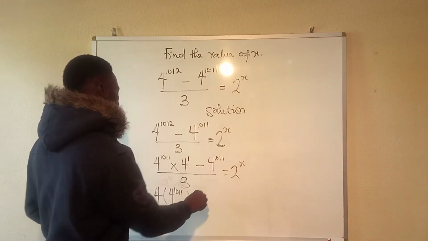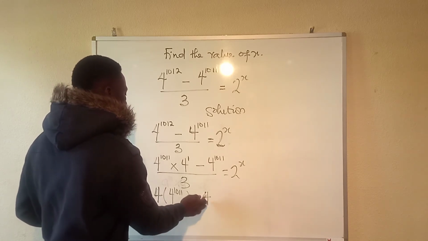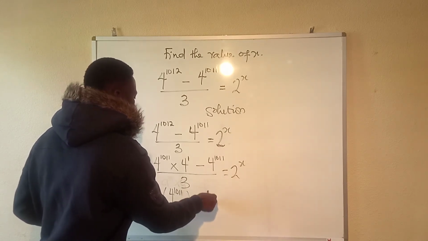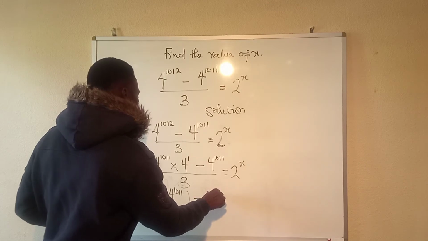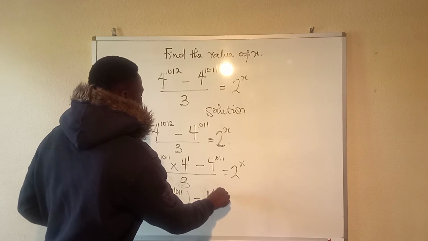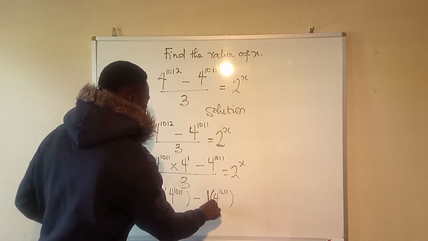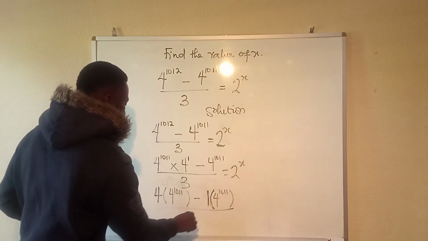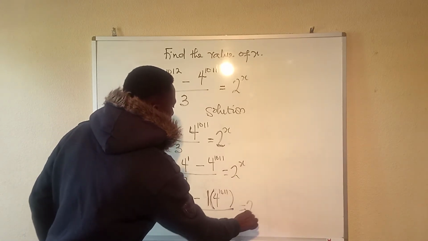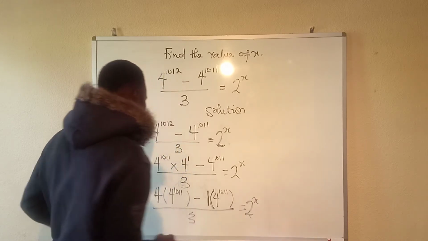Minus here we have 4 out, that is we have 1 out, so we have 1 here multiplying 4 to the 1011. All these over 3. This is equal to 2 to the x.